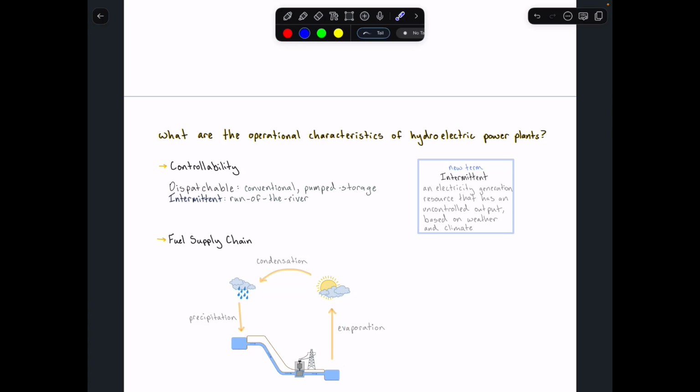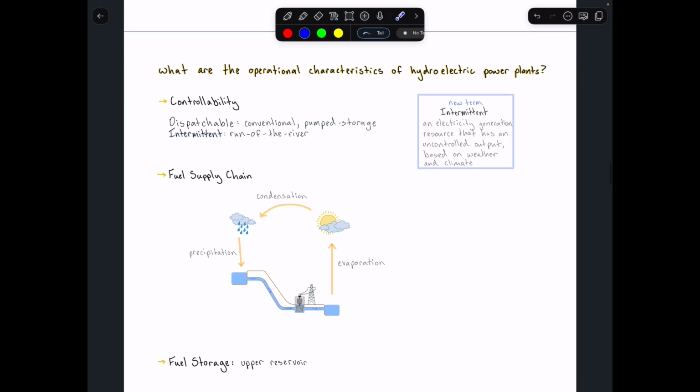And then in the atmosphere, the evaporated water condenses into rain or snow, which then flows back down to the earth as precipitation. So it's the water cycle, which we learned about ideally when we were younger. And so the availability of water can be significantly affected by seasonal rainfall patterns and droughts.